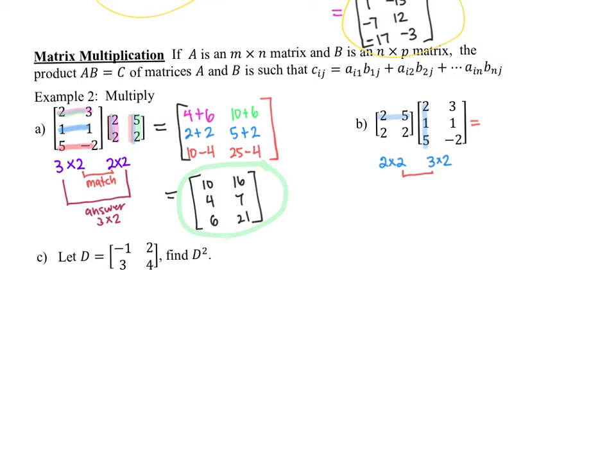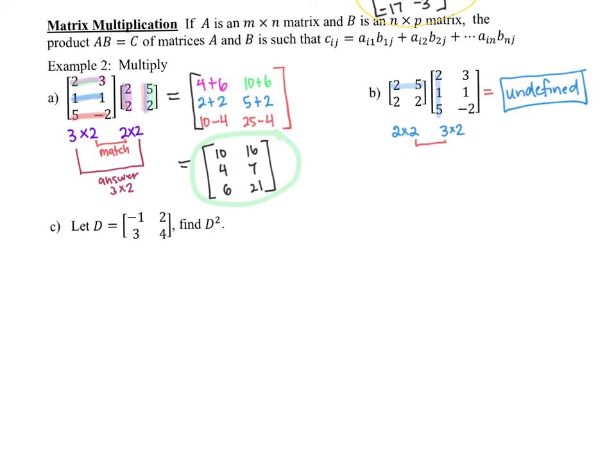So in the case where the dimensions do not match up properly, this matrix multiplication is undefined. And I could tell by either looking at the dimensions at the beginning or just trying it out and seeing that these don't match up. This is 2 elements, this is 3 elements. Automatically a fail.